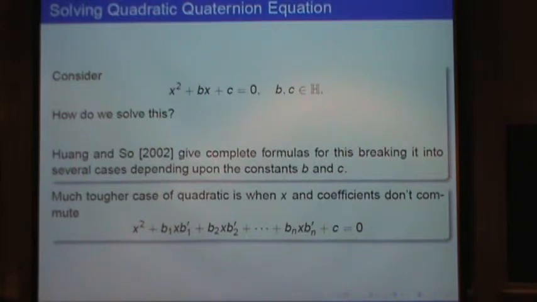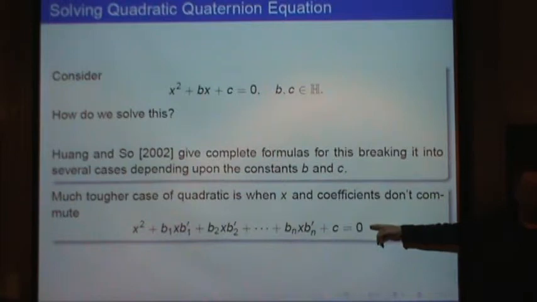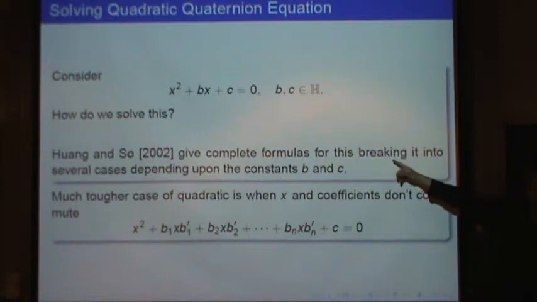Much tougher cases of a quadratic equation are this, where x does not commute and you want to find a solution to this. I will give a simple solution to that in a way that trivializes their solution.